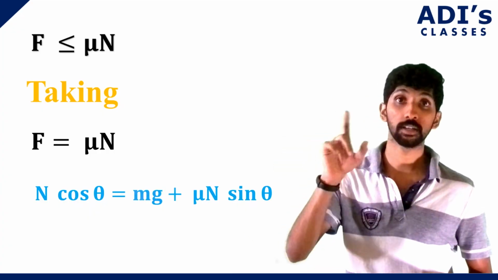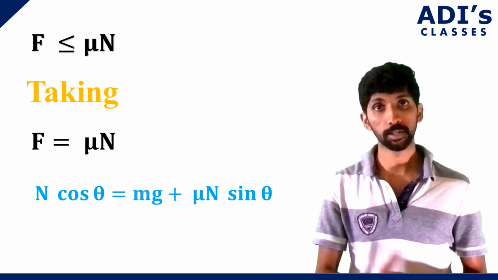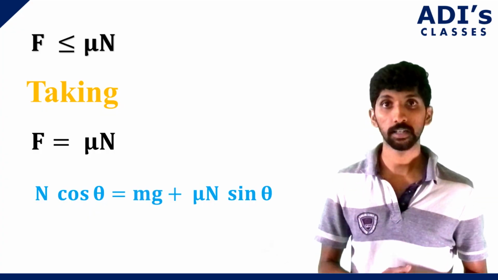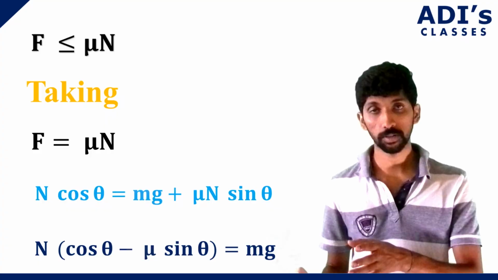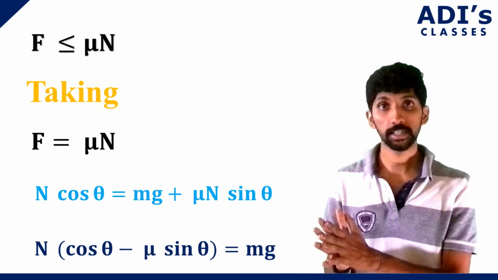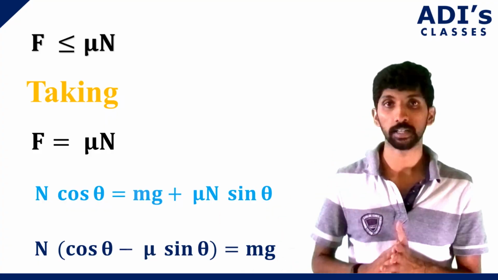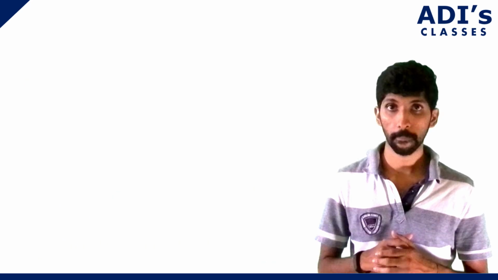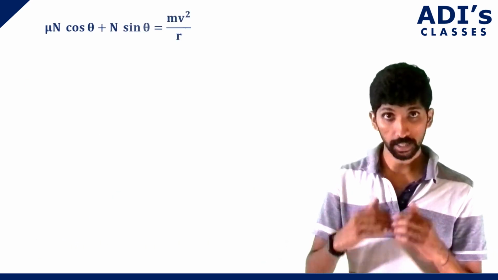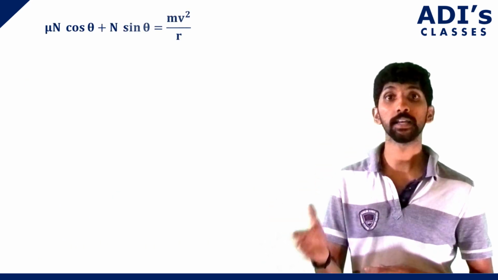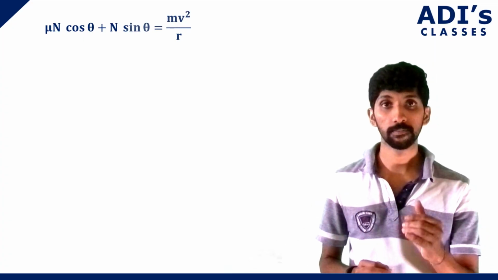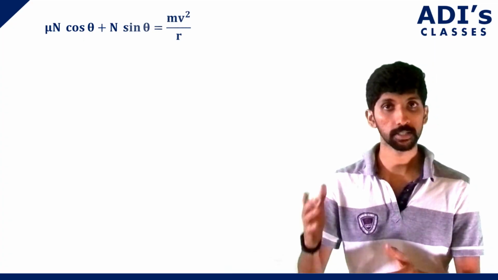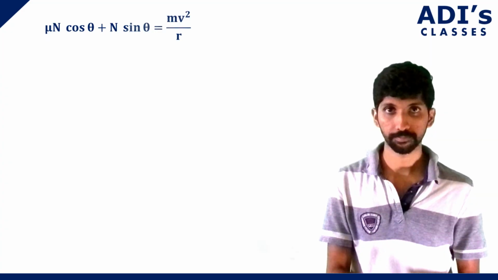Now take that mu n sin theta to the LHS. You get n into cos theta minus mu sin theta is equal to mg. Now the next one is mu n cos theta plus n sin theta is equal to mv square by r. Here also, in place of f, we are substituting mu n.